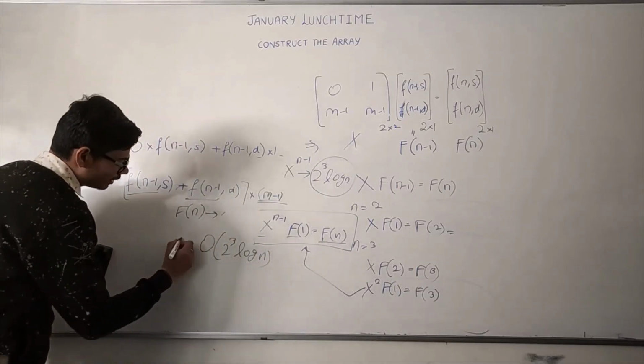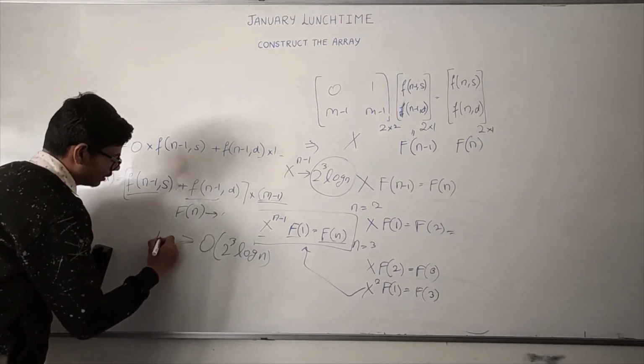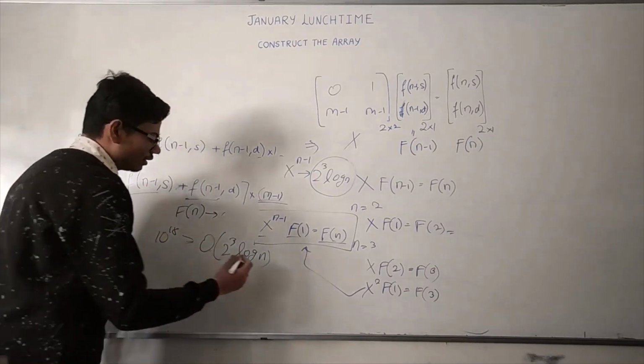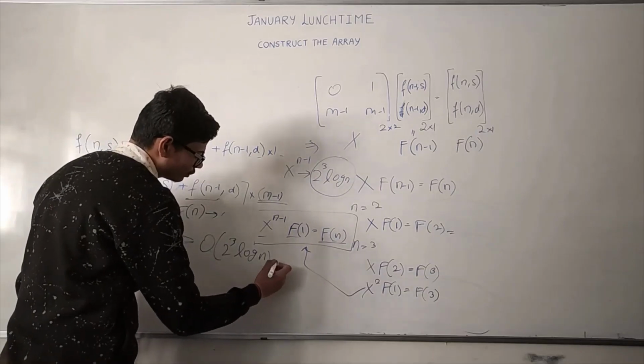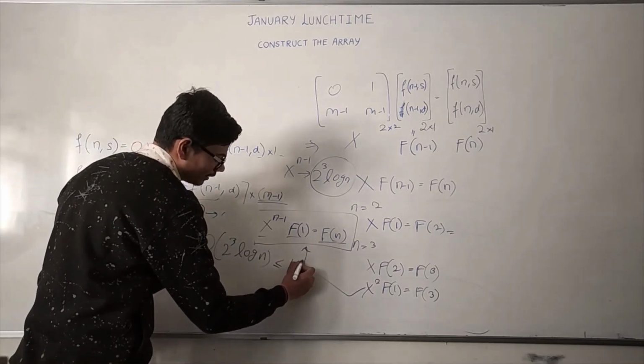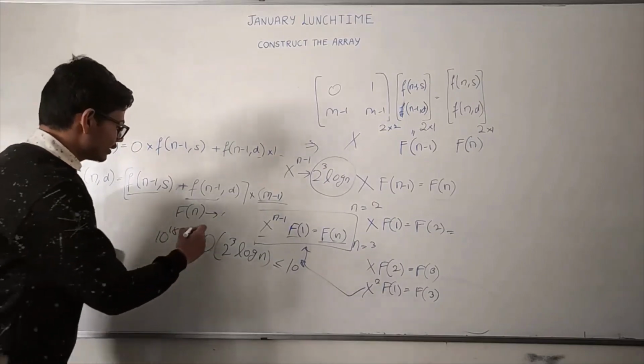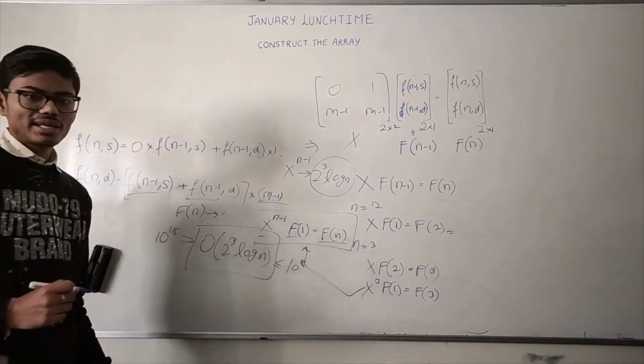And it is clearly less than equal to 10 raised to the power 18, and it is also less than equal to 10 raised to the power 8. So this solution can be accepted in the given time limit constraints.